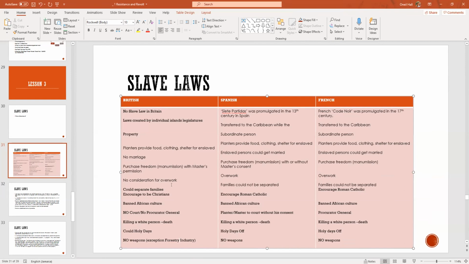Read the three slave laws and see the differences and similarities, and do the table just like that. If you have your table like this, when you're studying for your exam, this is so easy. All you have to do is write it. What are the similarities? What are the differences?